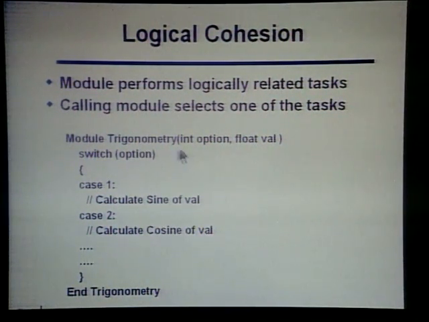For example, if the value of option is 1, then here we write a complete code to calculate the sine of that value. If the calling program passes 2, it means the calling program wants this module to calculate the cosine of the value, and similarly the other things.